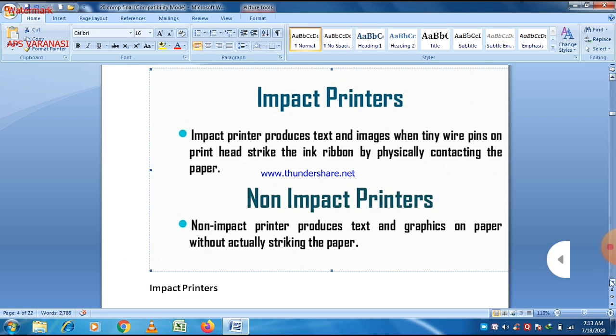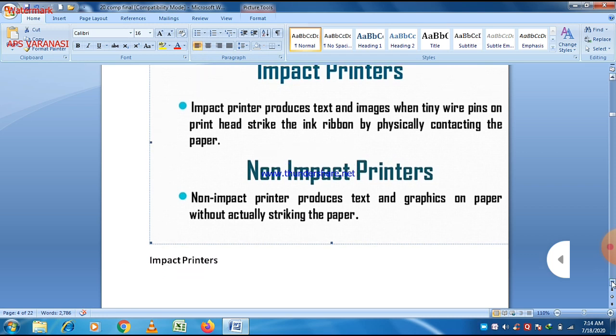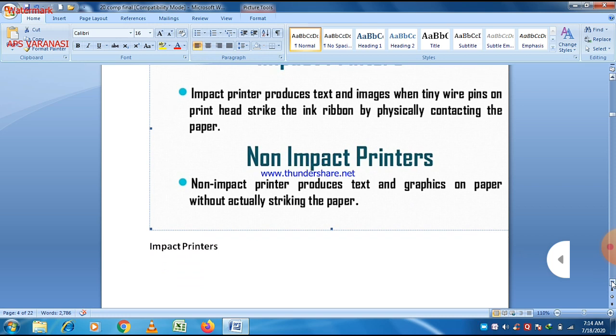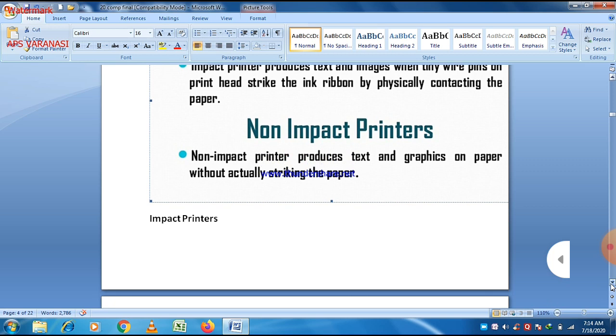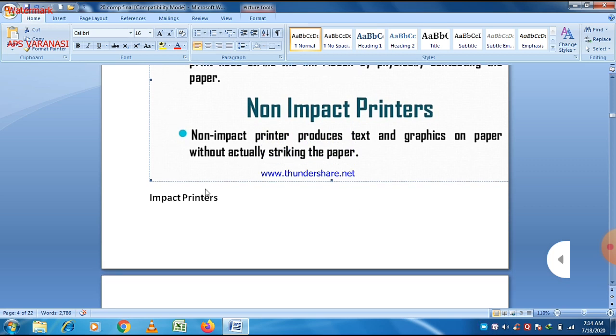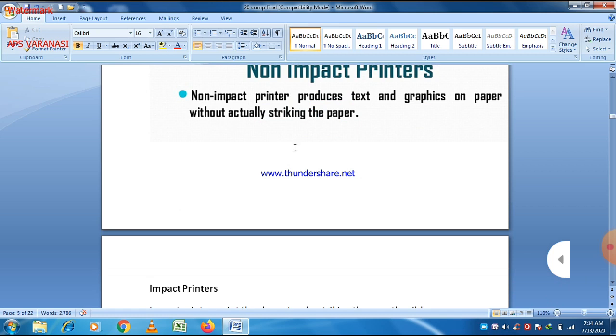That's why they are called impact, because they create an impact on paper. Non-impact printer does not create any type of impact on paper. You can easily understand the impact printer with the example of a typewriter. As a typewriter works and creates an impact on paper, in the same manner an impact printer also creates impact on paper, but a non-impact printer does not.